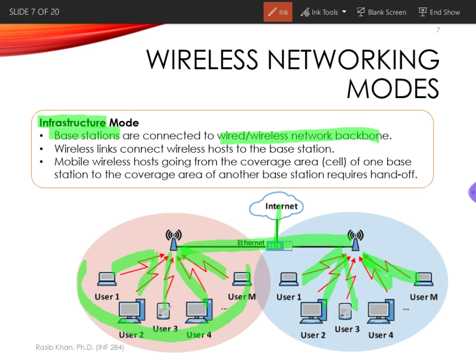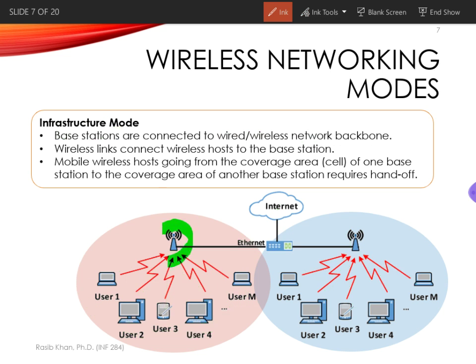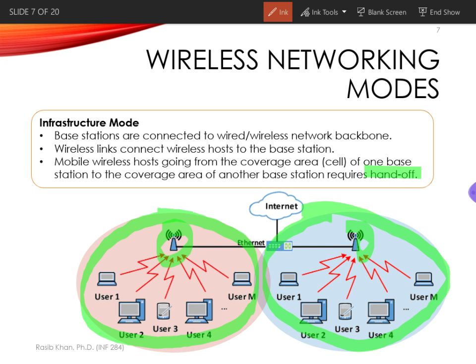Another important thing that is required in the infrastructure mode, especially when you have multiple access points, is the concept of handoff, which means that when a node is moving from the coverage area of one cell to another cell, for example, this user 4 is connected to the red cell at the moment, and it needs to move to a distance which puts it out of range of this particular access point.